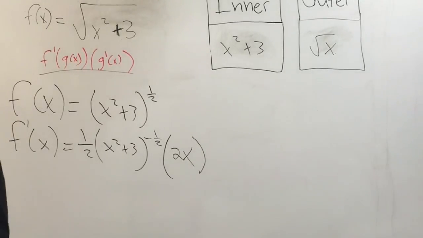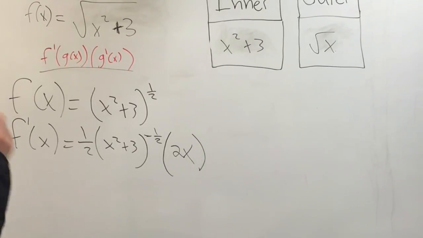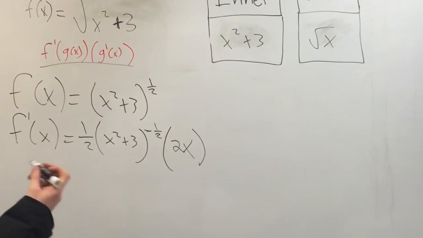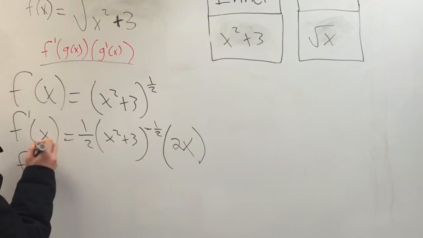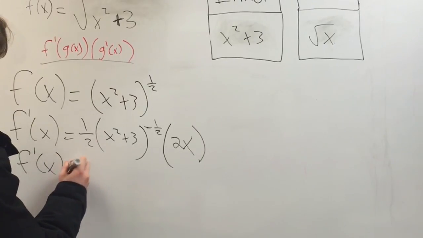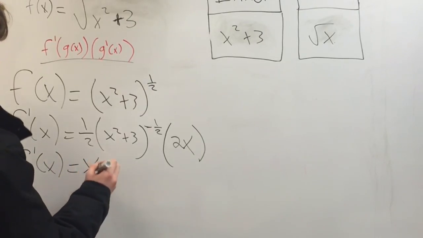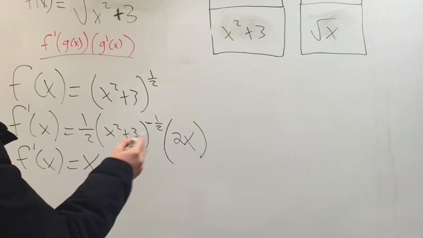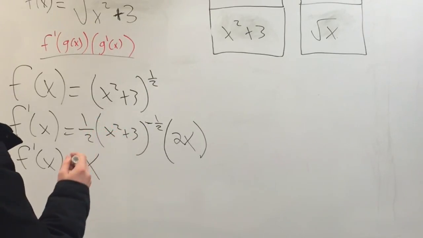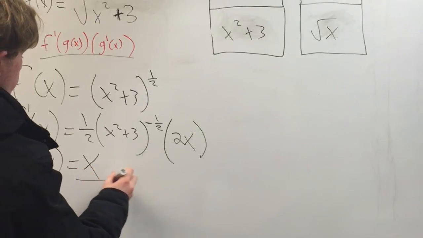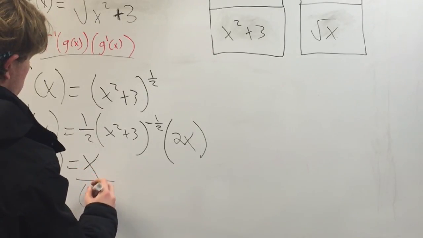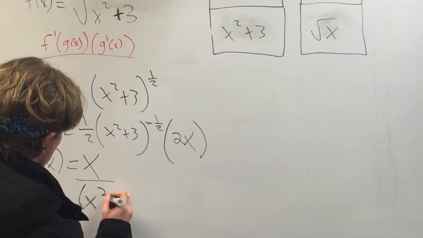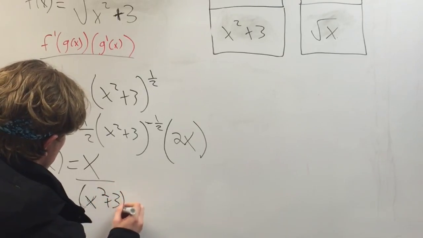And then to simplify this, you know that 1/2 times 2x would just be x. So we could change that to f prime of x equals x. Since this has a negative exponent, we can move it down to the denominator to remove the negative exponent. So move down x squared plus 3 to the 1/2.